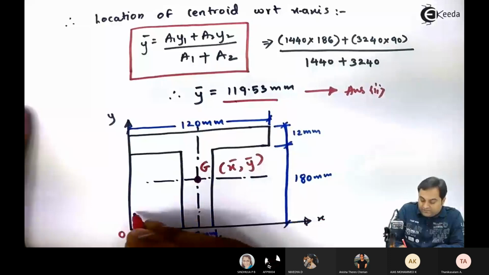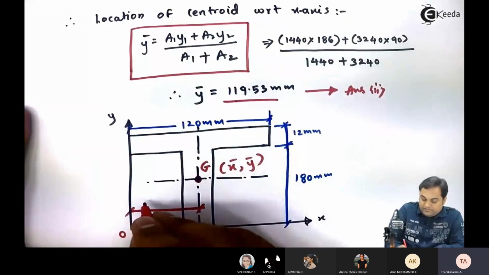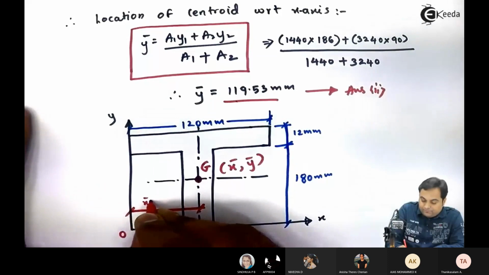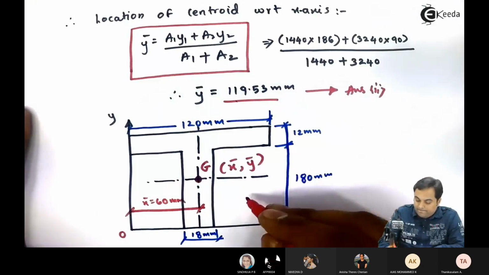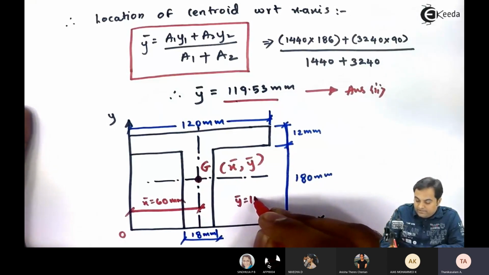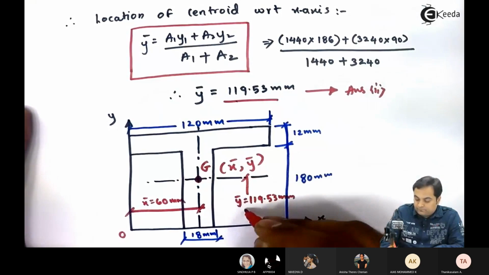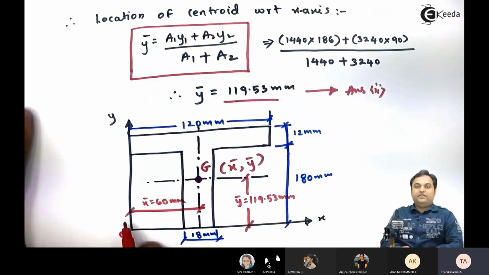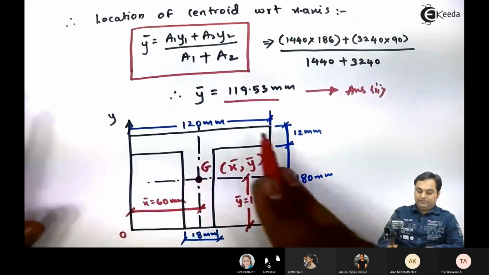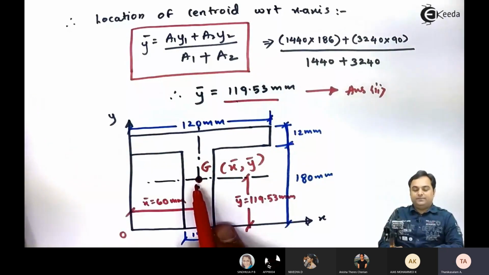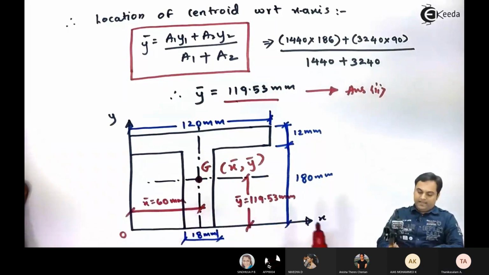The centroid is that point where the entire area would be acting.